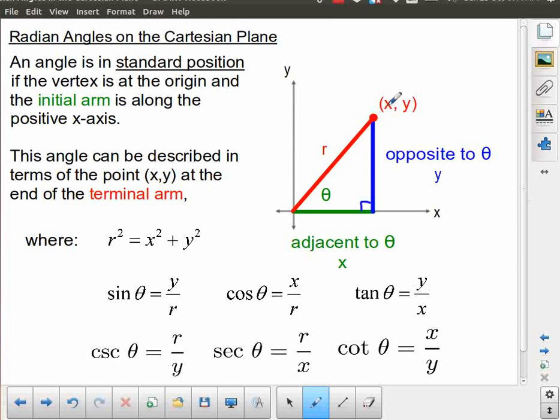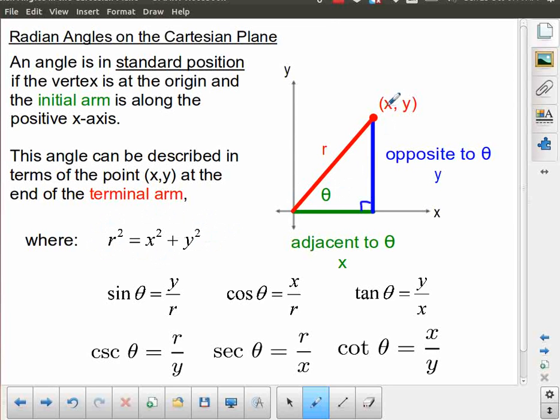And that point would be defined by the coordinates x and y. And based on those coordinates would be a certain distance away from the origin. So I could figure out that value r using this relationship, which is the equation for a circle, or you could also view this as the Pythagorean theorem.